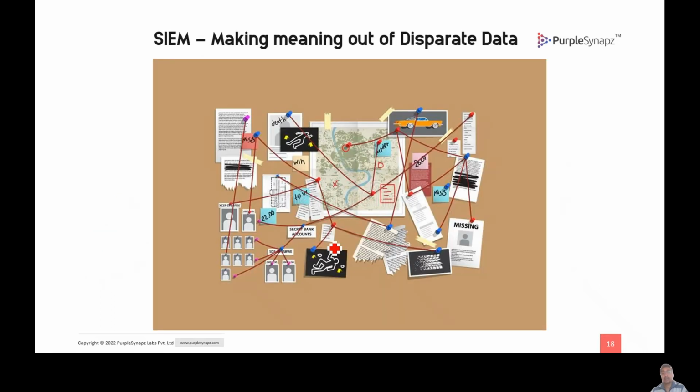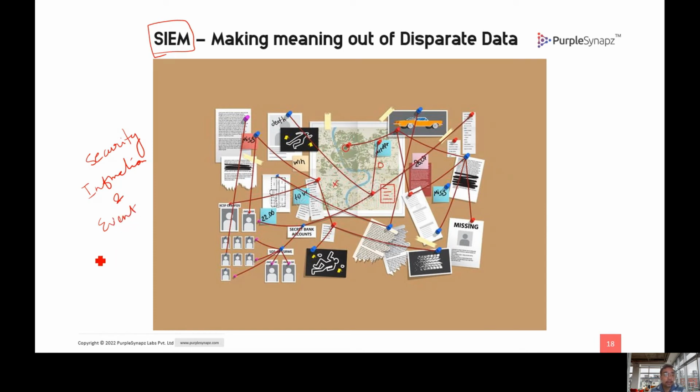Now that we understand what a firewall does and what an intrusion detection does, let us go into another very, very interesting topic, which is a little advanced in network security, but in today's world, it is fundamental in nature. This is called security information and event management.